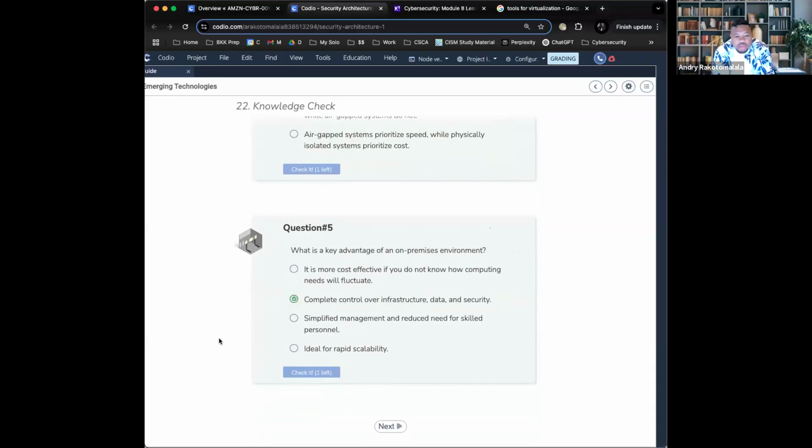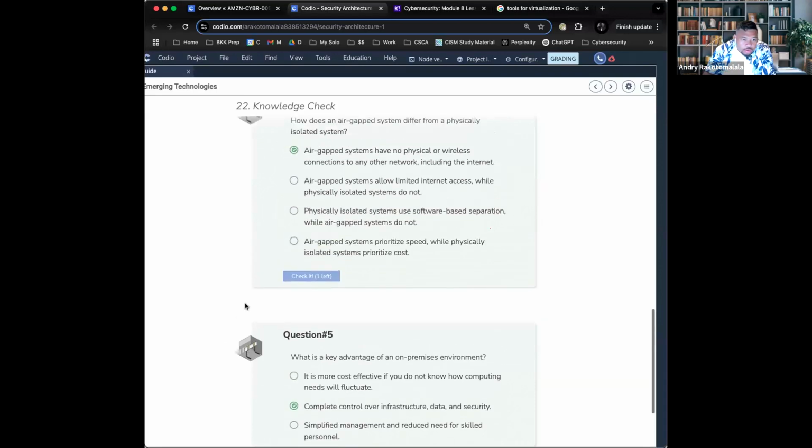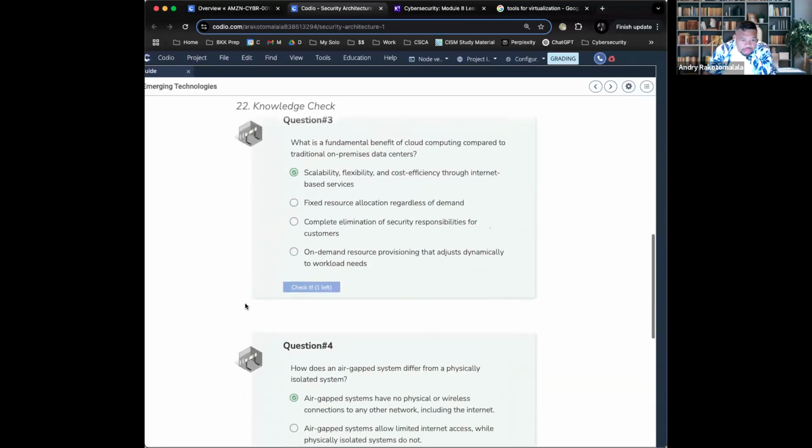So when we're talking about on-prem, one of the best ways to describe it is there is more control. For question 3, why not D? I would understand why you would pick D for this, but in essence, it would be A for 3.